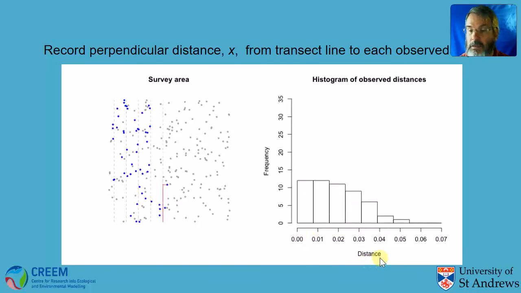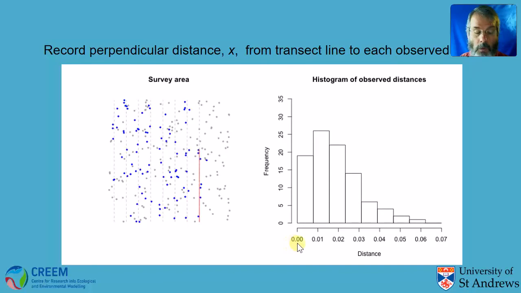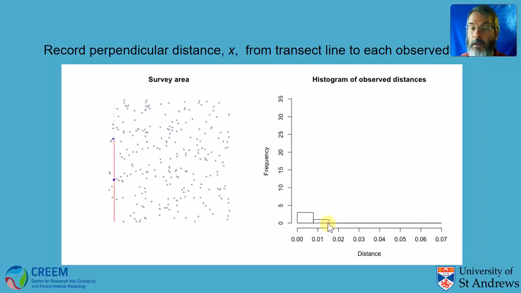So this is distance between the animal, distance between sightings and the transect line. So at distance 0, that means the detection was made right on the transect line. And as these distances increase, the probability of detecting animals diminishes.